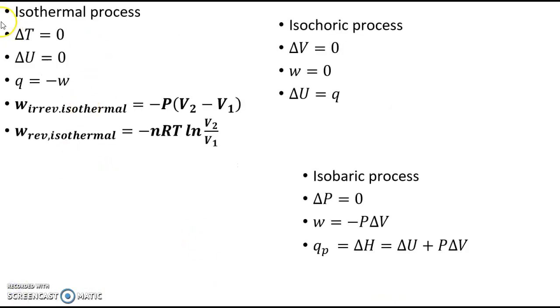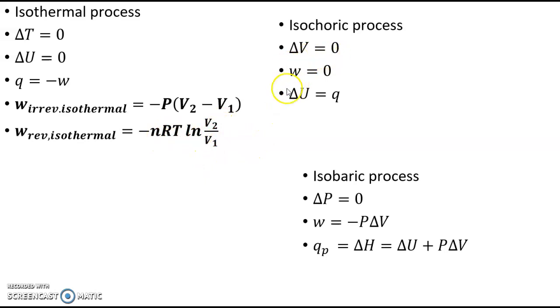So far, we have talked about isothermal process. Delta T is 0, and because of that, delta U is 0, which makes Q equal to minus W. The irreversible work done for isothermal process is minus P(V2 minus V1), and for the reversible isothermal process is minus nRT ln V2 over V1.